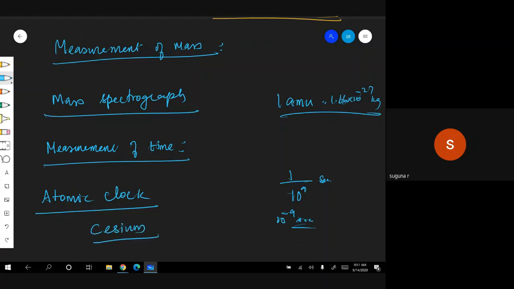It is based on all the atoms. You know that atoms will be arranged in their lattice, and the atoms won't always be at rest. Atoms will vibrate about their mean position, the equilibrium position. They won't move from one place to another, but all the atoms will be vibrating about their mean position.